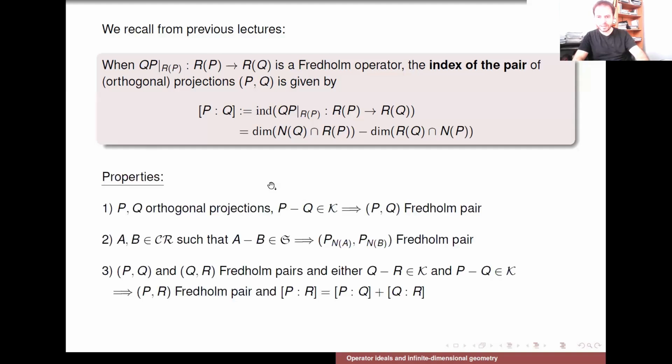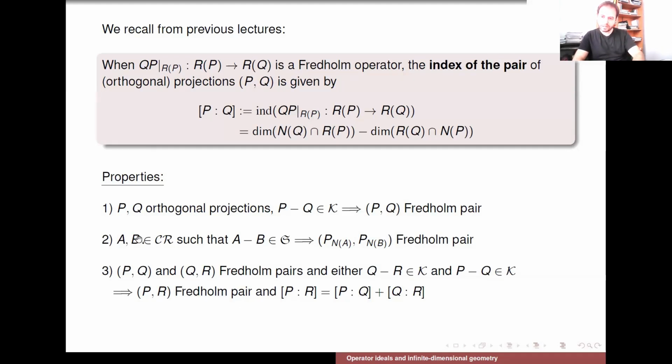Some properties. The first one is well known. If we have two orthogonal projections such that this difference is compact, then the pair is a Fredholm pair.